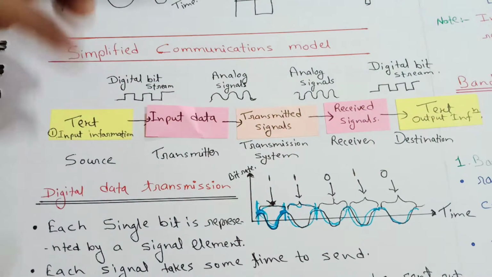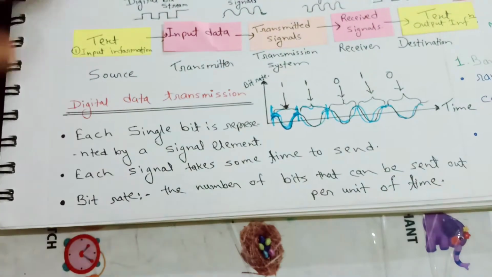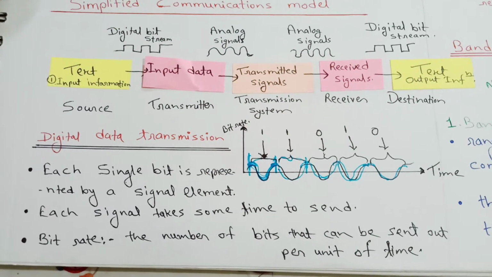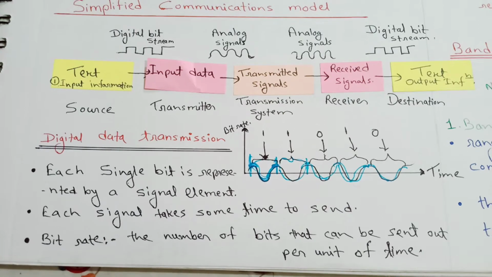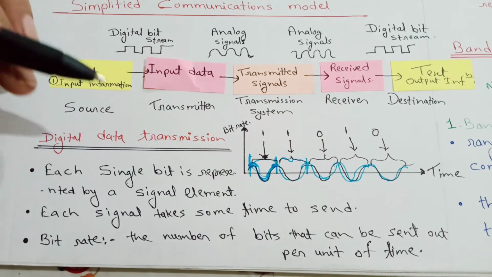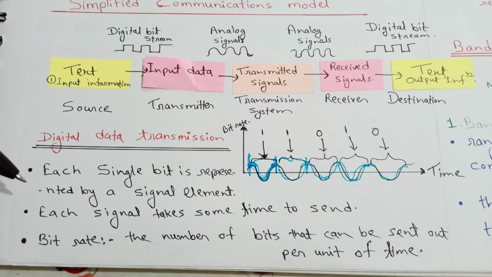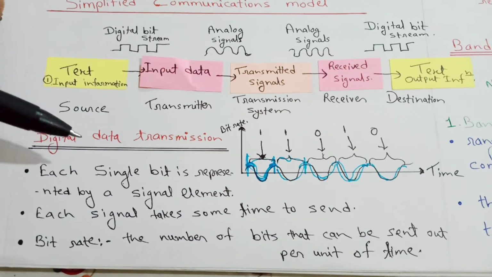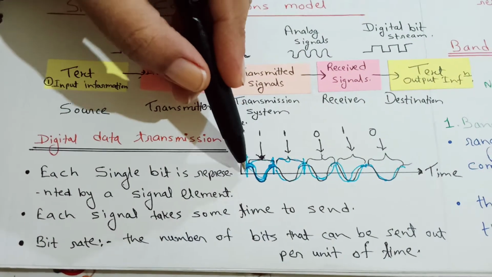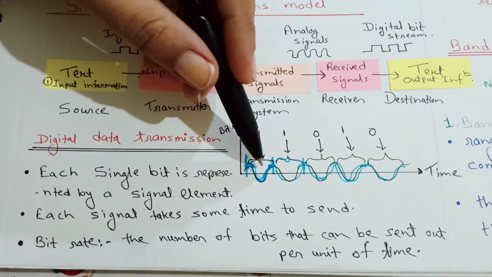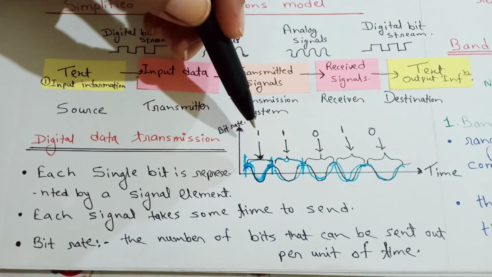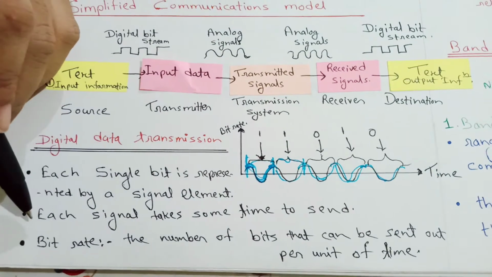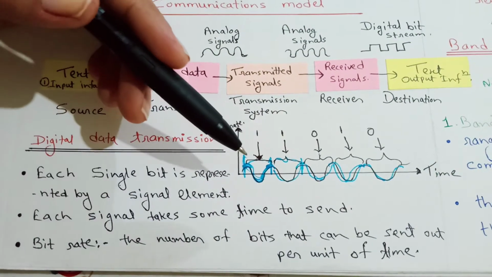Okay, now we will discuss digital data transmission. What is digital data transmission? In digital data transmission, each single bit is represented by a signal element. We can see that the bit is represented by a single element, either 0 or 1, and each signal takes some time to send.